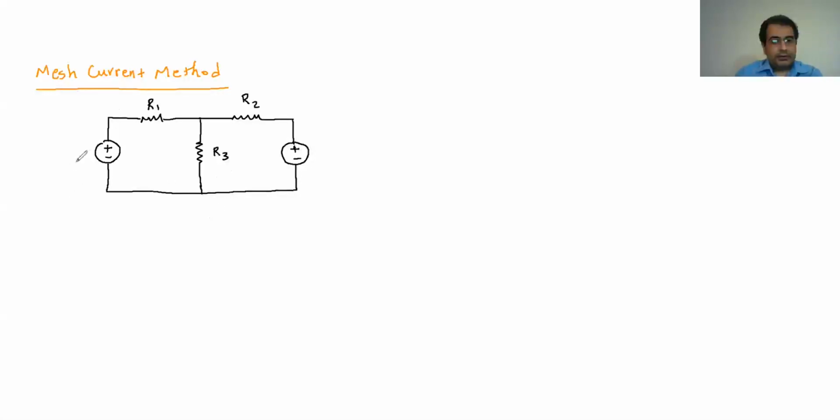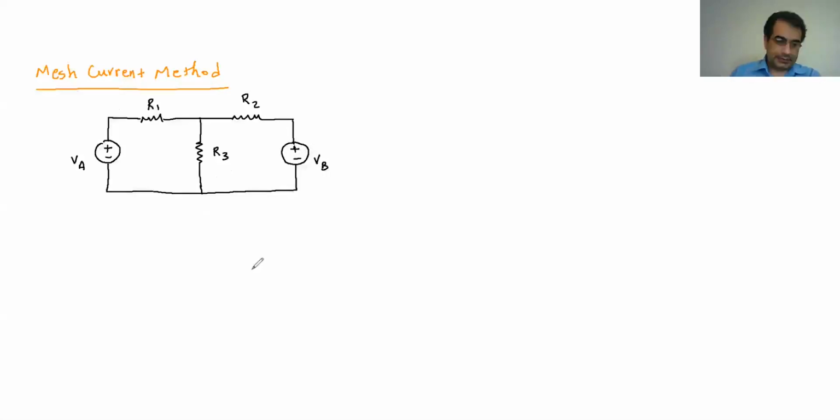Let's call this VA and this VB. Now, this is what we have in the mesh current method.